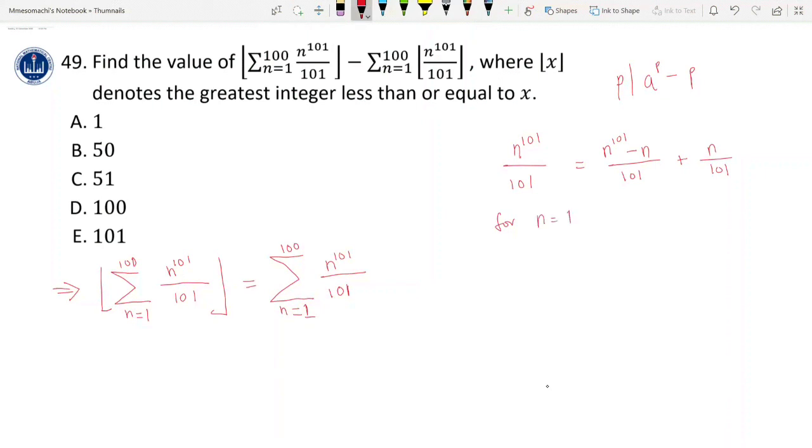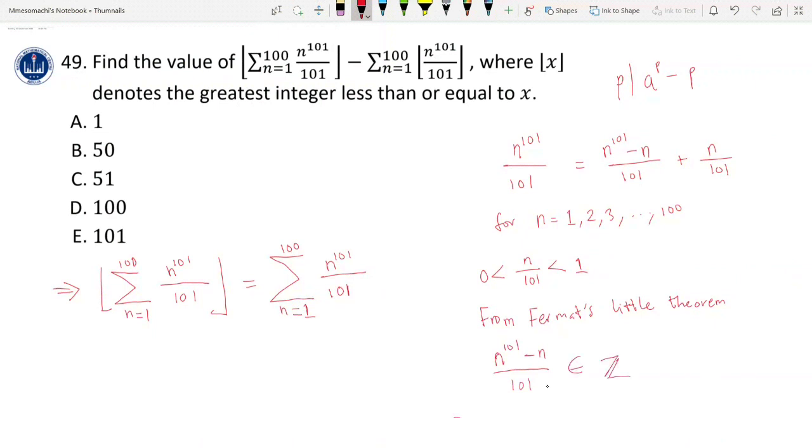For n equals 1, 2, 3, up to 100, n over 101 is less than 1, and greater than 0. Okay? And from Fermat's little theorem, n to the power 101 minus n all over 101 is an integer.